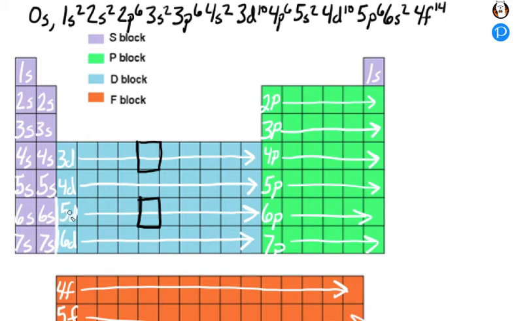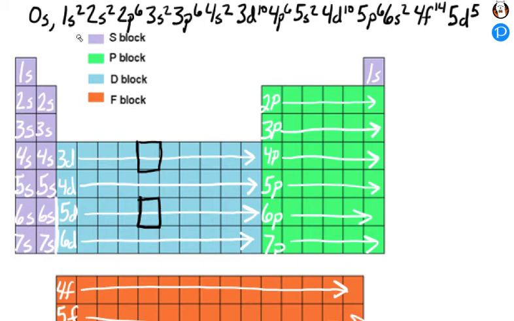And then I can get to my D block here. So there's 1, 2, 3, 4, 5 electrons in that orbital. So 5d5. And there's my electron configuration where all the electrons are in osmium right there.